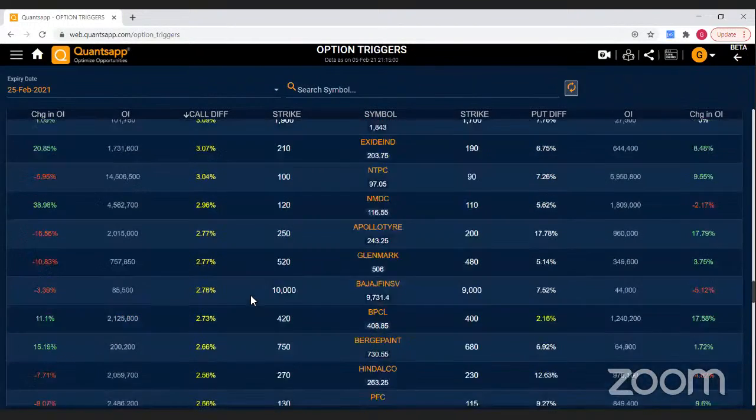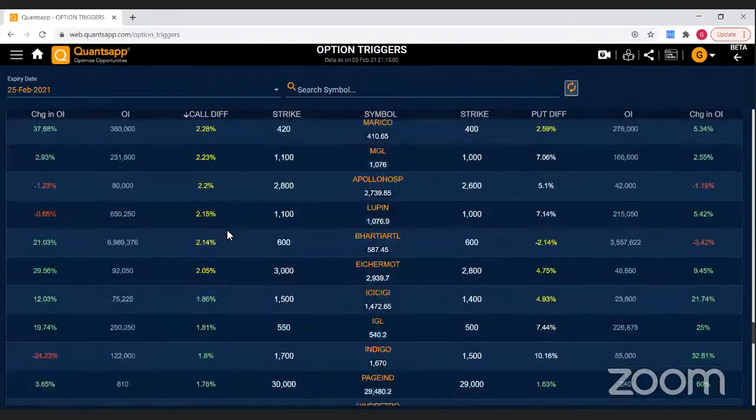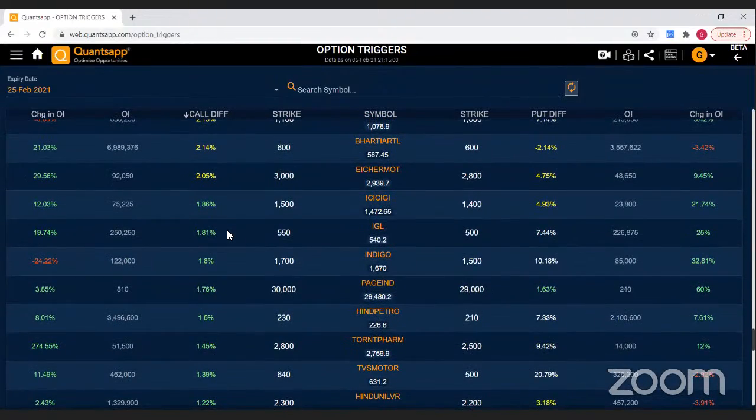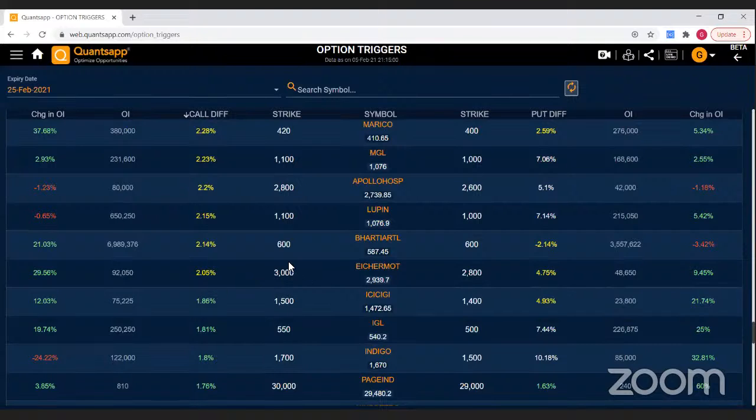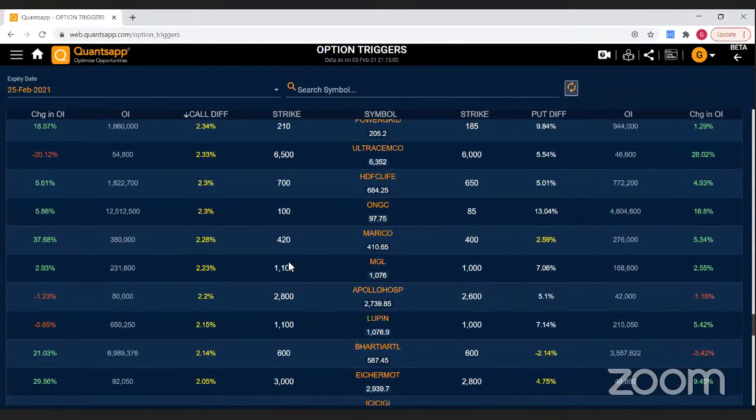And any difference from 0% to +2% or 0% to -2% is indicated in green. So green says that the highest call or the highest put is very near to the future price of that particular symbol. Yellow says that the highest call or the highest put is slightly more than 2%, up to 5%. So it could be that the stock could come into the green.